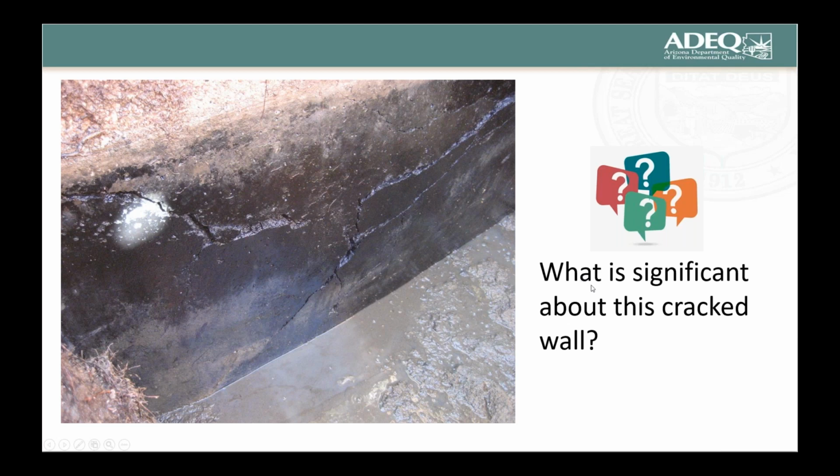Now, my question is, what is significant about this cracked wall? When I look at this, it almost looks like this wall is bulging a little bit inward, but you've got some major cracks here.